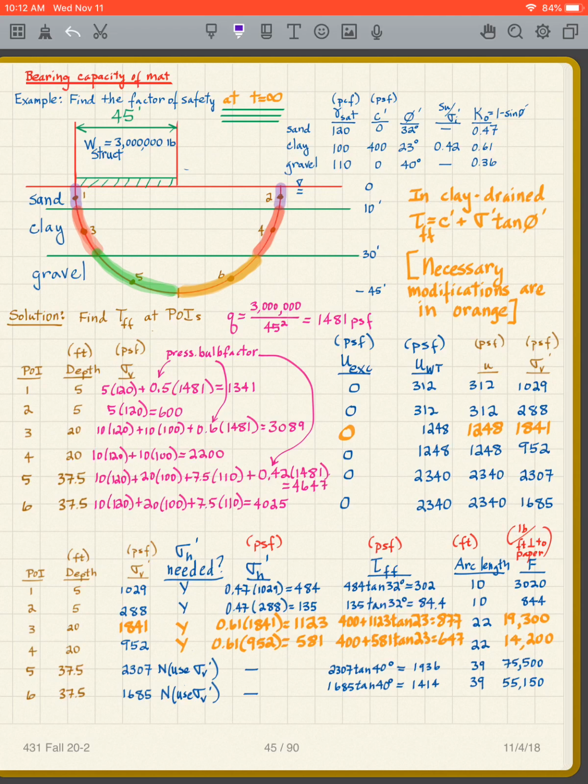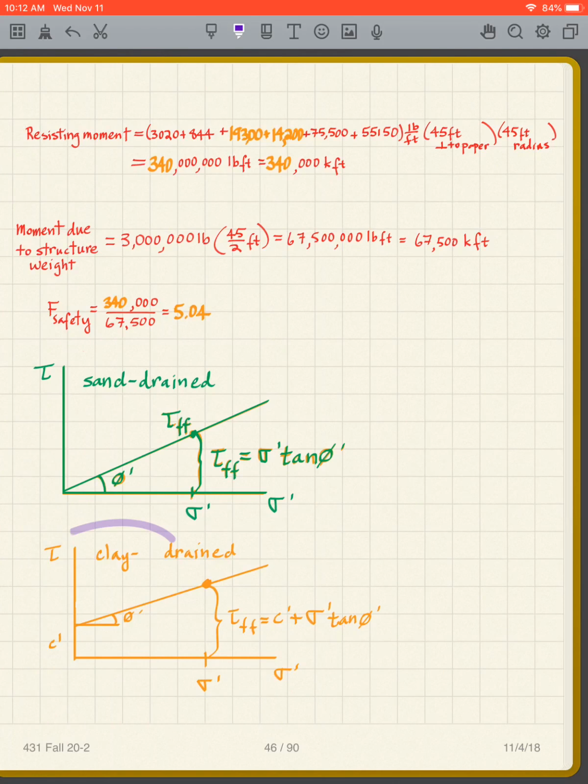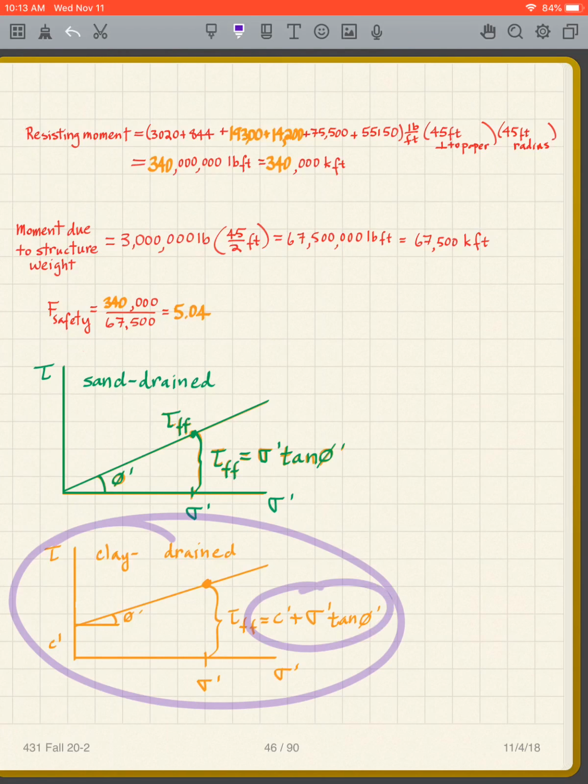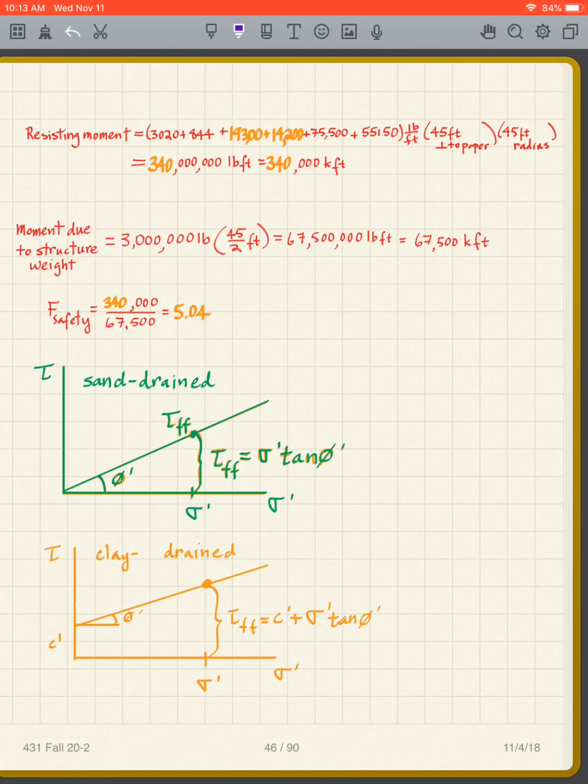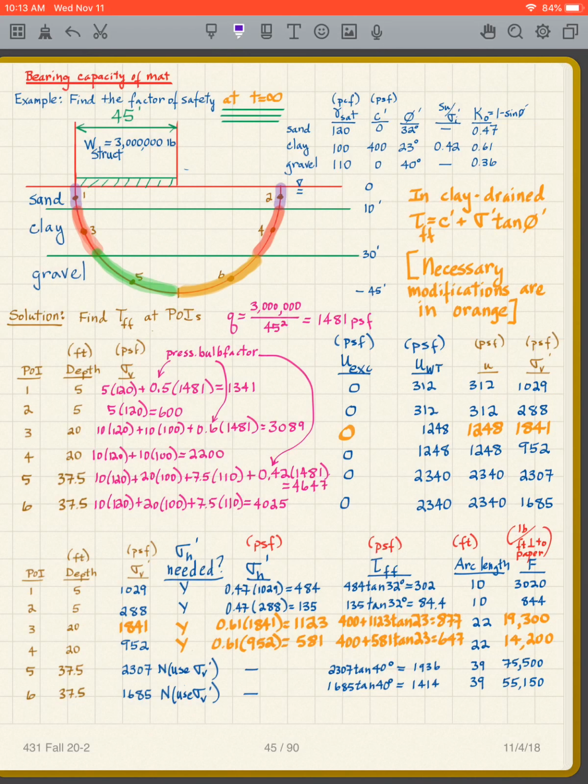And if you remember, the failure envelope for clay drained is this one. The tau ff is c prime plus sigma prime tangent phi prime. So we're using the clay properties here.